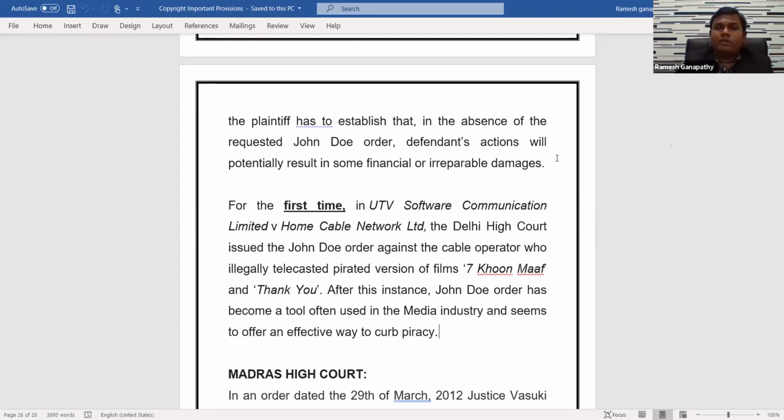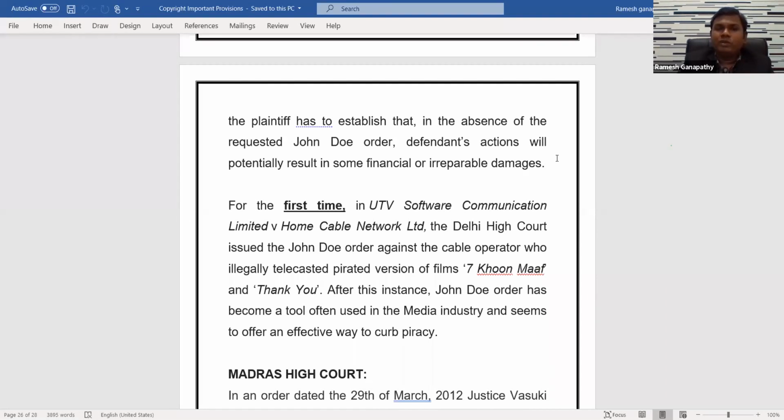Again, there is one interesting case here. For the first time, in UTV Software Communication Limited versus Home Cable Network, we have seen that so far only websites were being blocked. Here, even the cable operator was blocked. The Delhi High Court issued a John Doe order against the cable operator who illegally telecast pirated versions of the films Seven Khoon Maaf and Thank You.